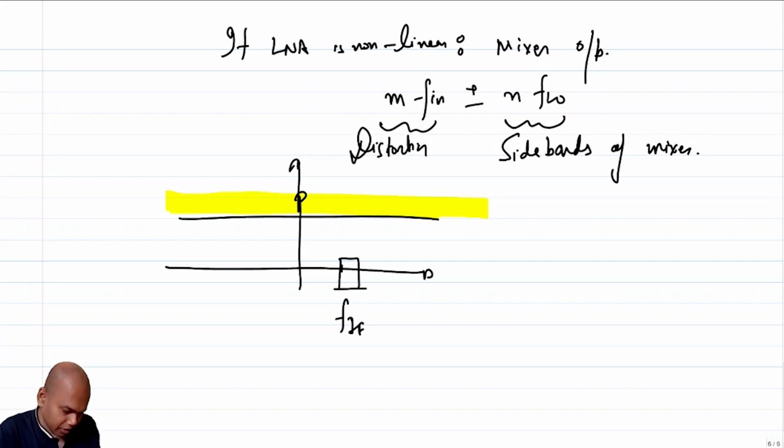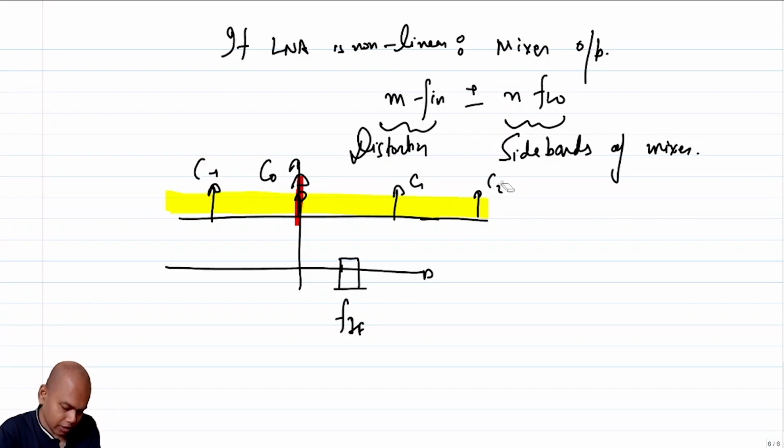The input has a noise spectrum, which is white, all across, and my mixer has these tones, C0, C1, C2, and so on, and then similarly I have C minus 1.